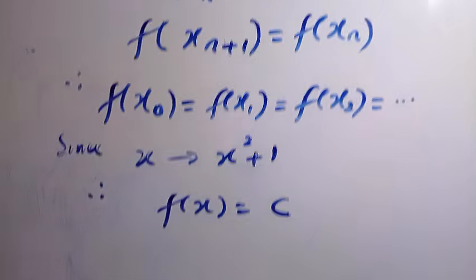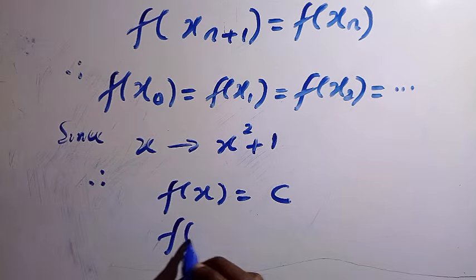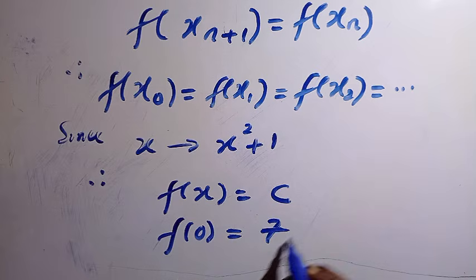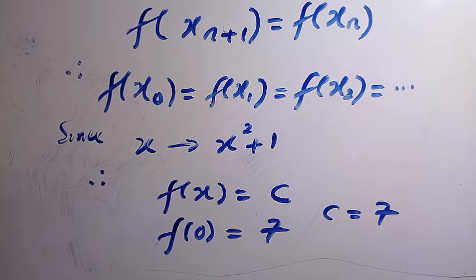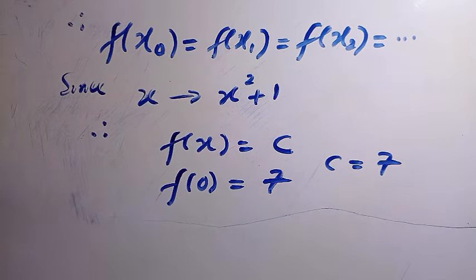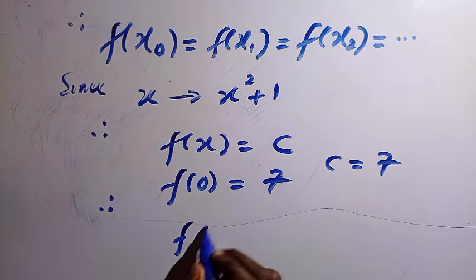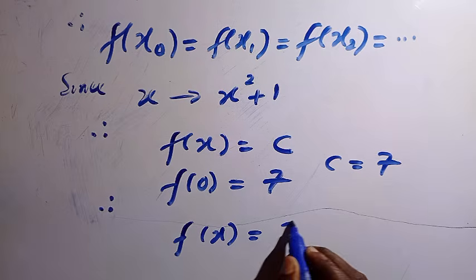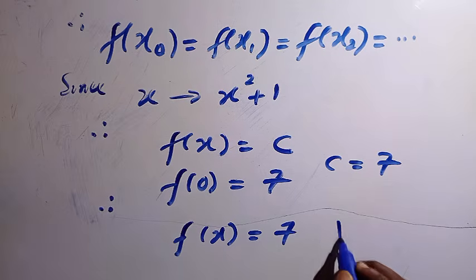Since f of x equals c, and f of 0 gives us 7, this shows that the value of c equals 7. And since c equals 7, every f of x gives us 7, for all x.